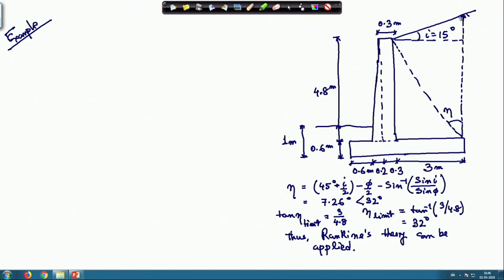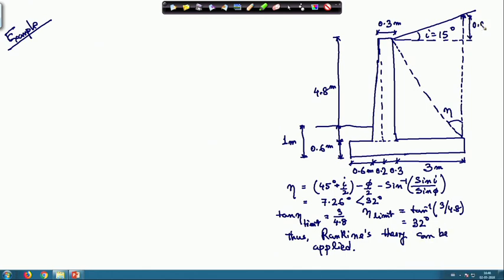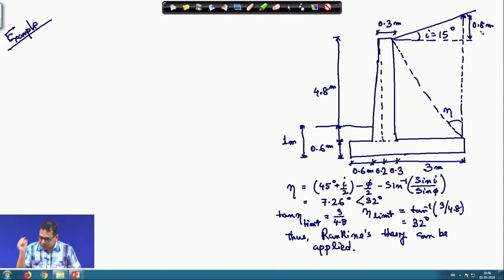And another one, the total height was calculated. This value is 0.8 meter, because this i value is 15 degrees and this one is 3 meter. So, we can calculate this is 0.8 meter. So, the total H value was 0.8 plus 4.8 plus 0.6.